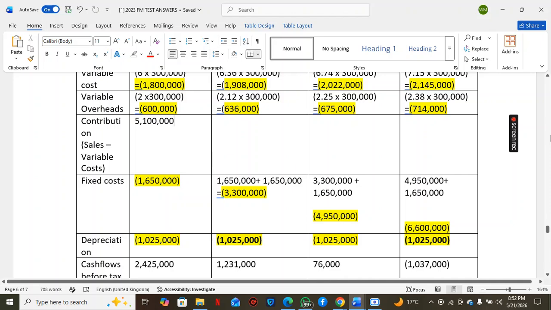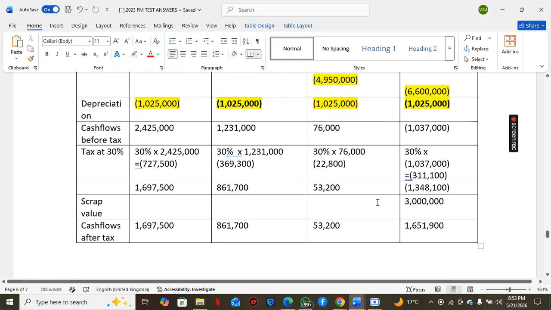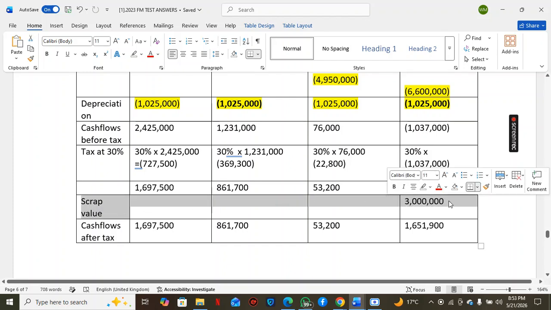That year four figure that you're going to be discounting, that 3 million is going to be included there. This 1,651,900 will include this scrap value. Have you seen here?